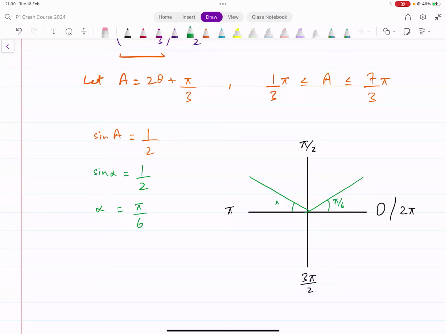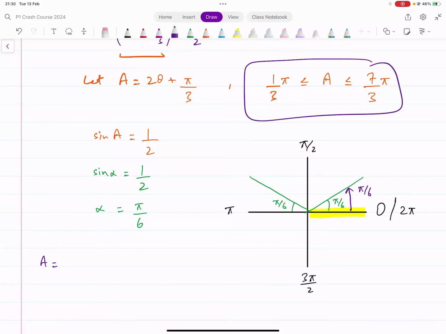Now, where do you start measuring angles from? Positive x-axis. So you start measuring angles from here. The first angle that you get, the first value that you get for A is pi/6. But now you have to check whether that is in the interval. The interval is starting from pi/3. Pi/3 is bigger than pi/6.